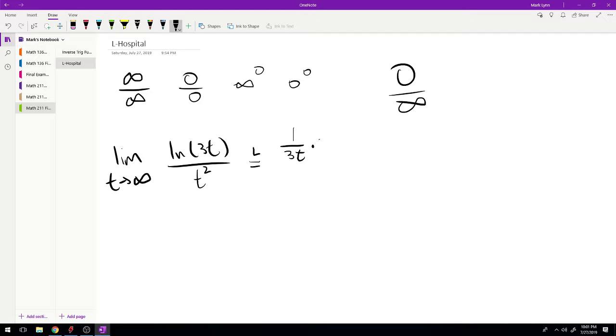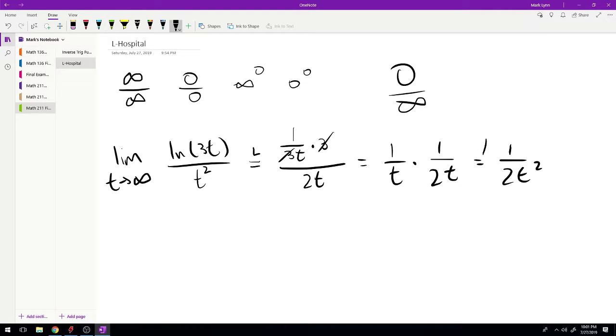The derivative of that would be 3, of course. And then divide by the derivative of the bottom, which is 2t. To simplify this, those 3's are going to cancel out, and we'll have 1 over t divided by 2t, or times 1 over 2t. So 1 over 2t squared.